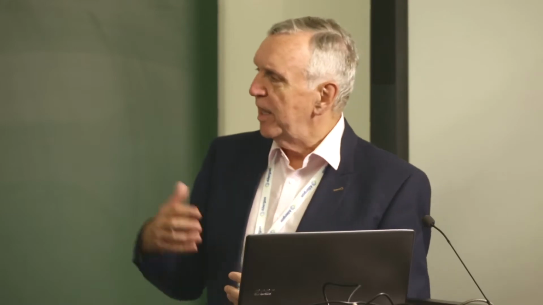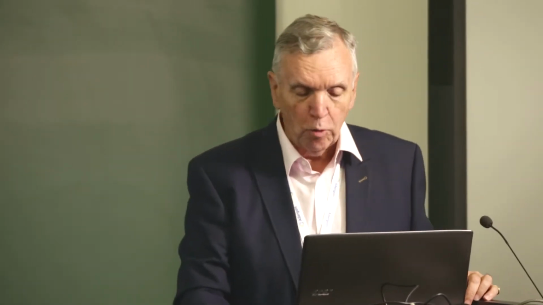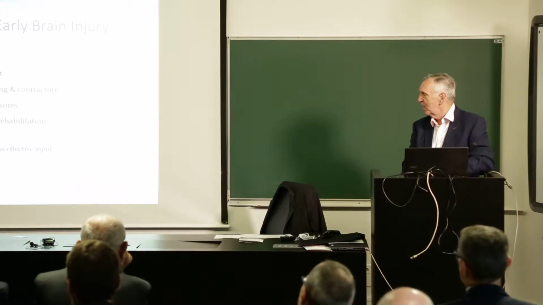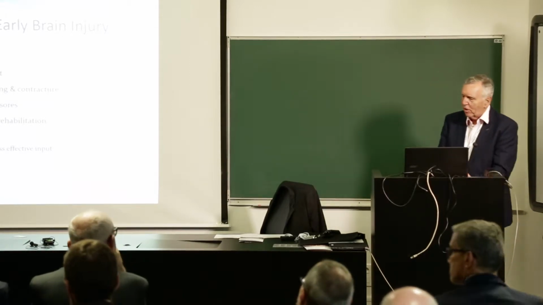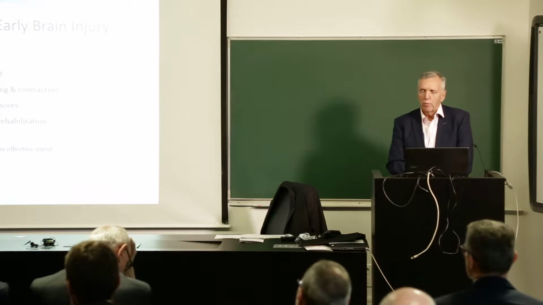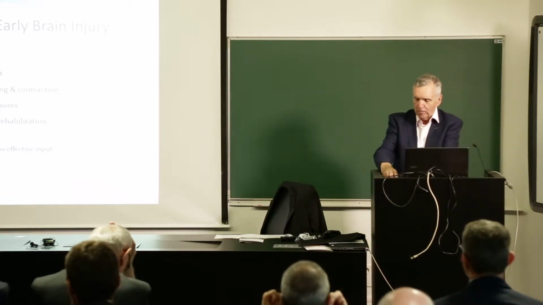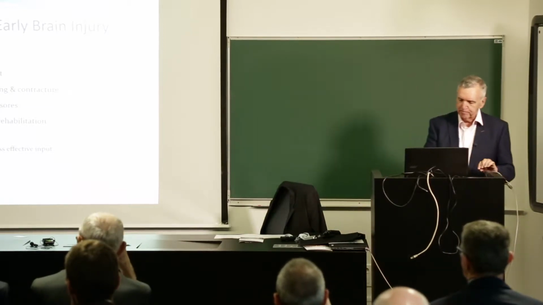And we know that it hinders and delays successful rehabilitation because patients come into the rehab unit with contracted lower limbs, lower legs in particular, and upper limbs as well, but I'm going to concentrate on the lower limb. And it just delays the whole process of the rehabilitation. It has an adverse effect on outcomes, and more importantly, very often these patients require surgery when good prevention would have obviated the need for that.